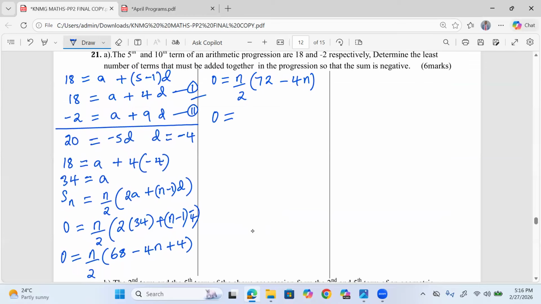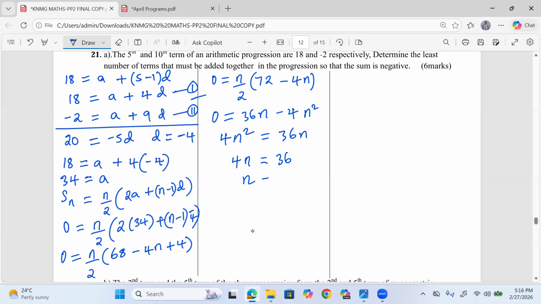So we can open the brackets now. 0 equals 72 over 2, which becomes 36n, then minus 4, and the value of n is now squared. So 4n squared can become positive on this side, equals 36n. We can divide by n so that you get 4n equals exactly 36.